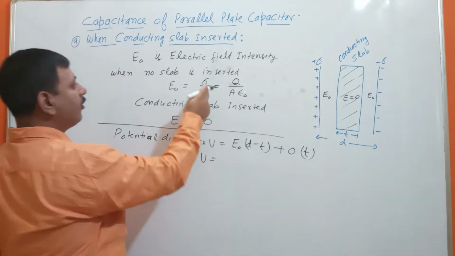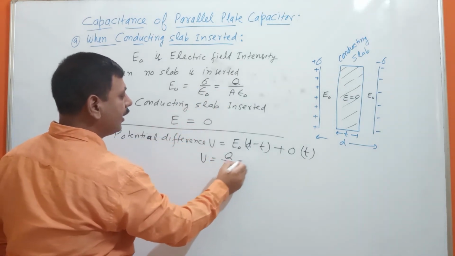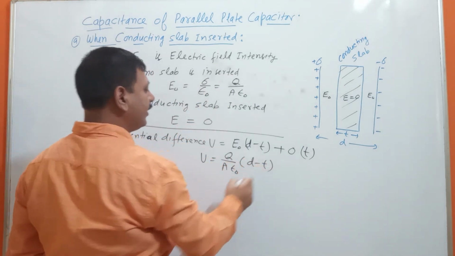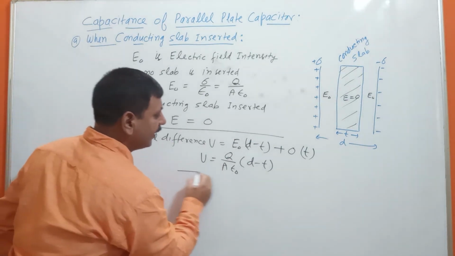V is equal to E naught, and E naught is Q upon A epsilon naught, into D minus T. If you solve it, what will be the capacitance?